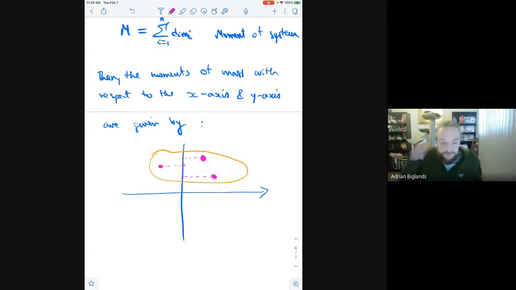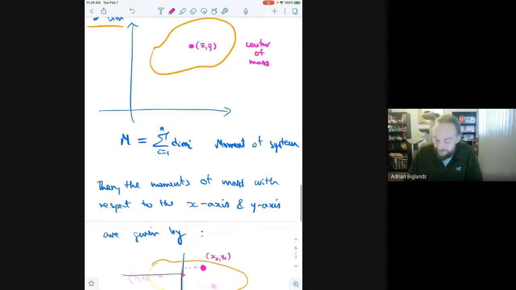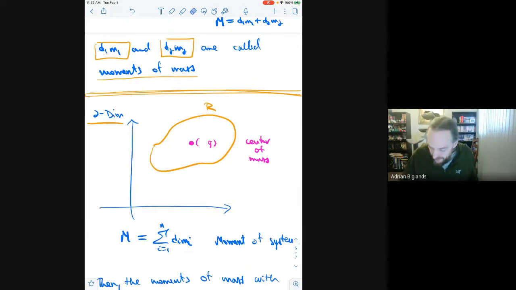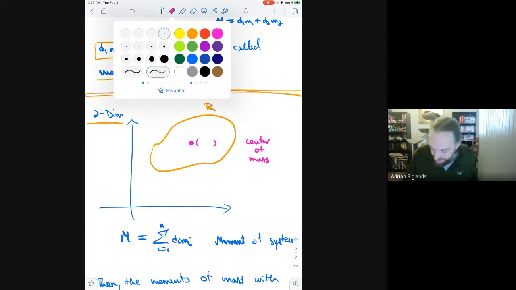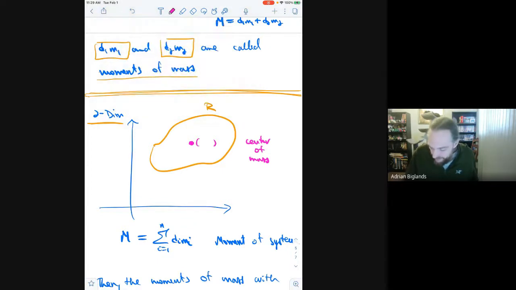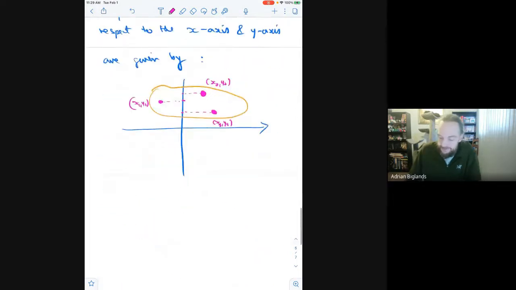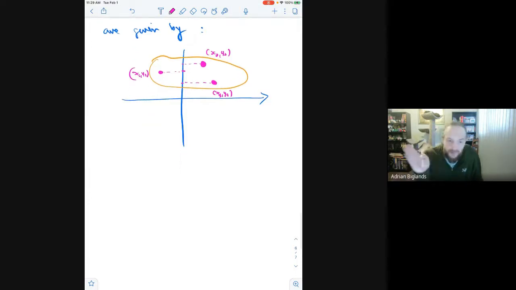If we look at this, then we add all these up, this will be x3, y3, x2, y2, and say x1, y1, we're going to have a bunch of points, just x, y. So what are we going to do with this? What we're trying to do is balance out the weight of everything, or the mass of everything, with respect to the y-axis and then with respect to the x-axis.